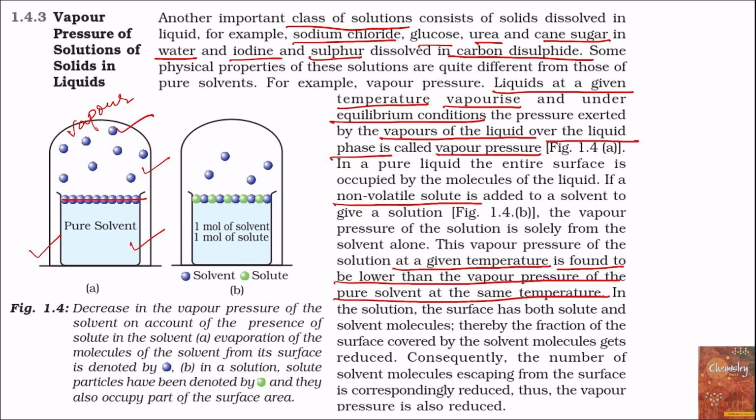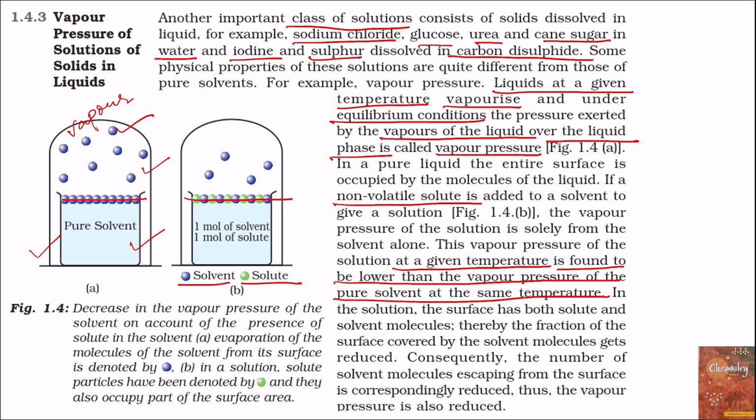Why? When we add a non-volatile solute, since the solute particles do not go into the vapor state, some part of the surface is occupied by the non-volatile solute also. Here the green dots represent the solute particles and blue dots represent the volatile solvent.